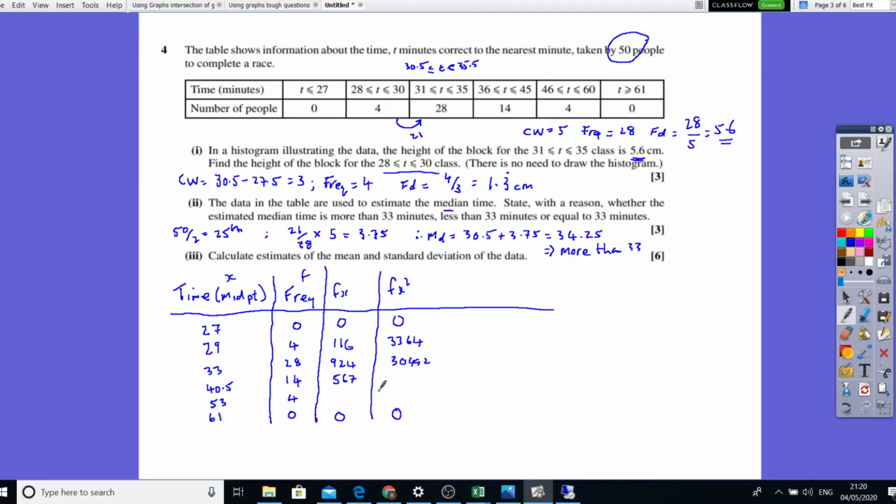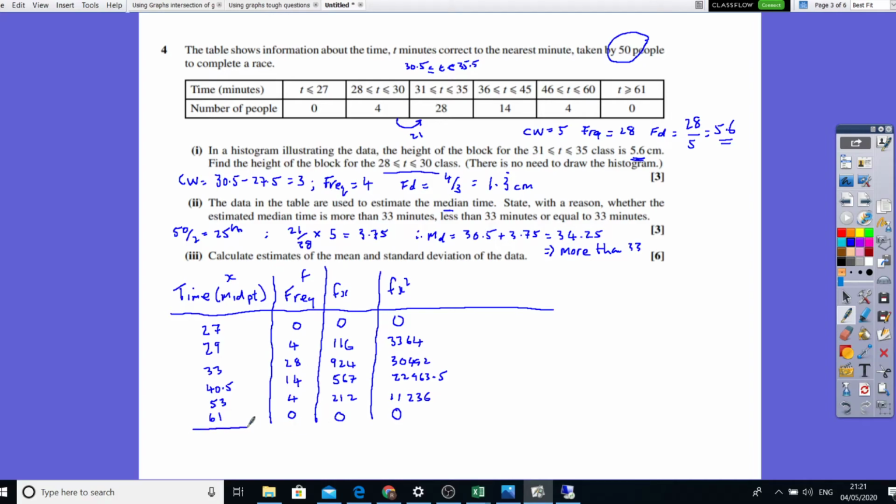And if I do 40.5 squared times 14, I'm going to get 22963.5. And the last one, if I do 53 times 4, I'm going to get 212. And if I do 53 squared times 4, I'll get 11,236.